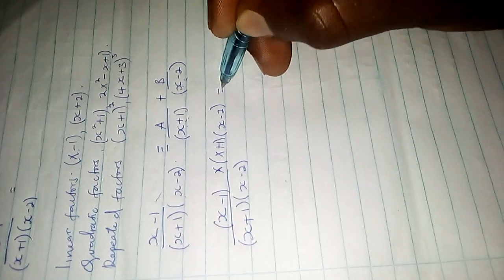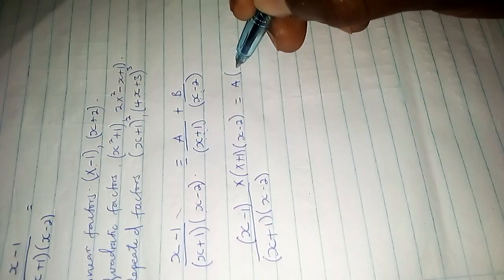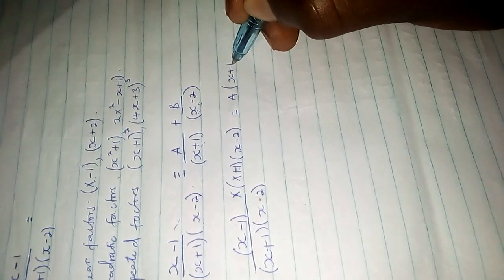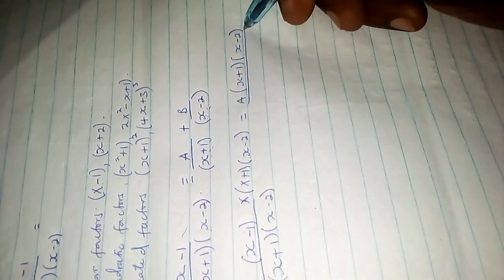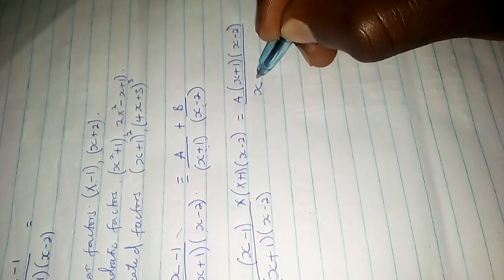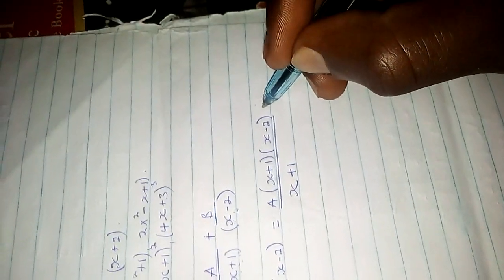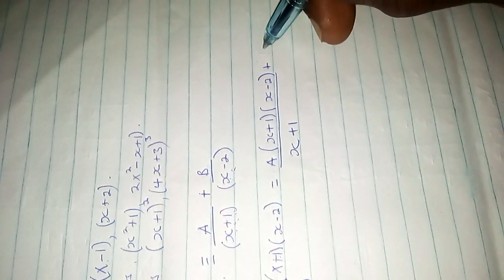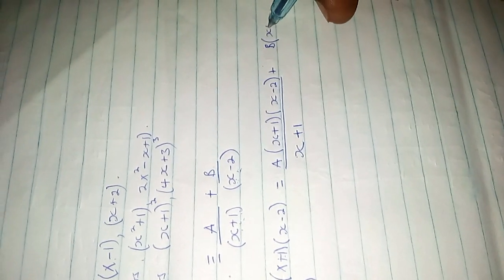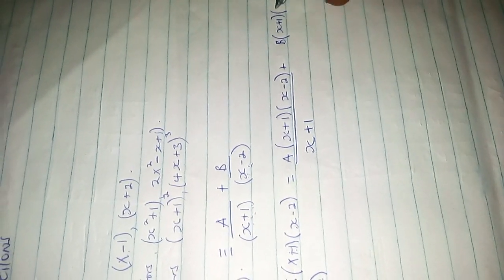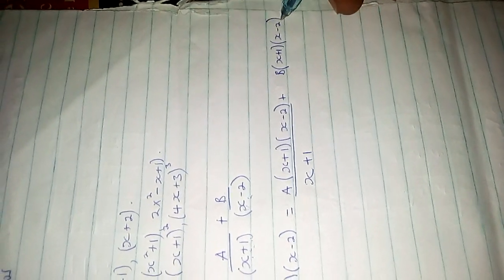This equals a times (x plus 1)(x minus 2) divided by its denominator x plus 1, plus b times (x plus 1)(x minus 2) divided by its denominator x minus 2.